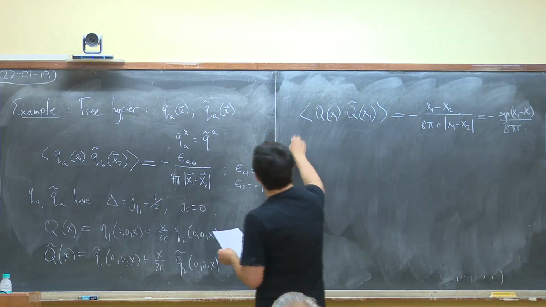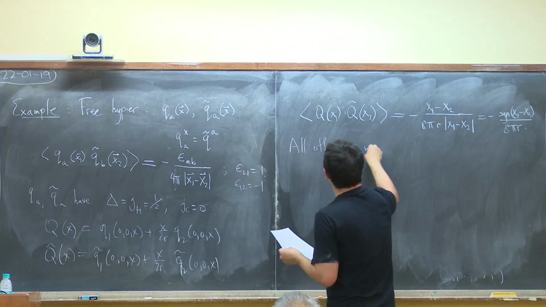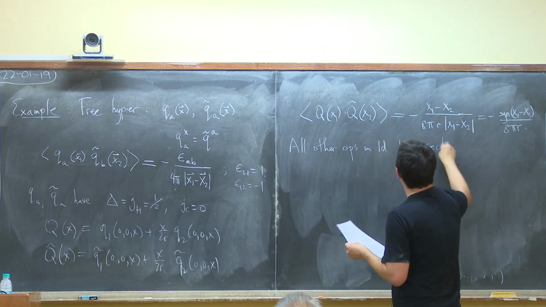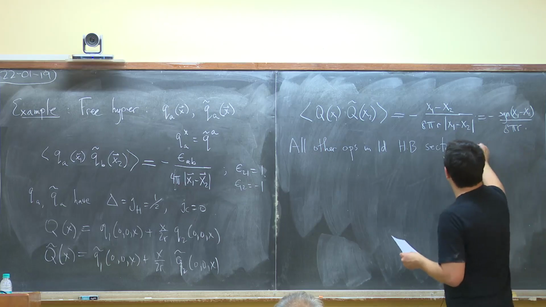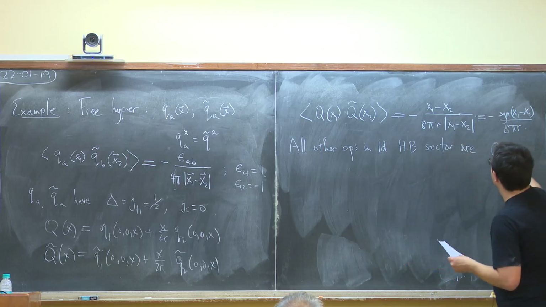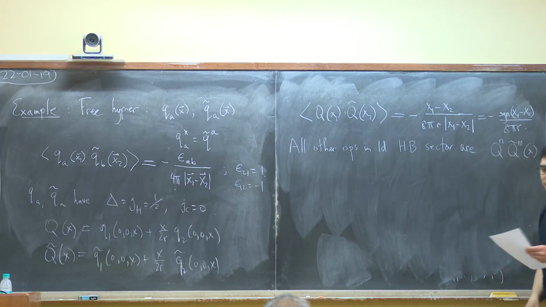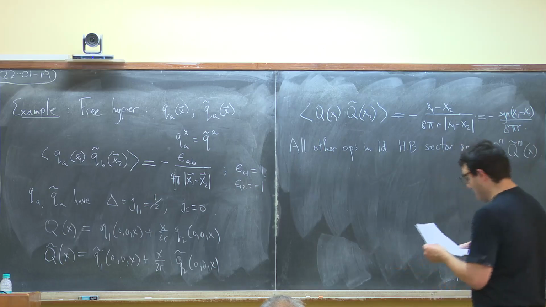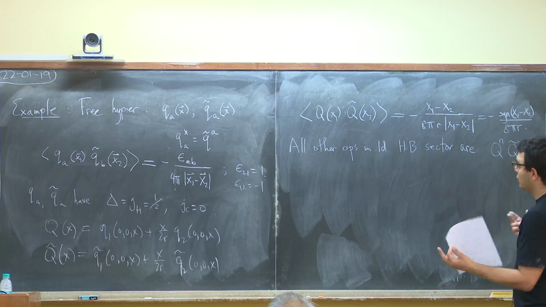So all other operators in the 1D Higgs branch sector of this theory are simply just products, q to the n, q tilde to the m. Their correlation functions are topological because we can just compute them using Wick contractions.